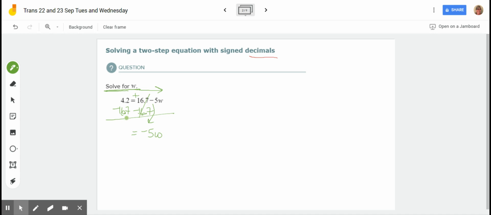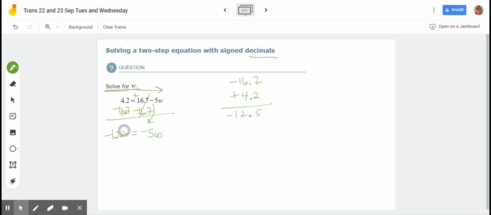Okay, and yes, look, the bottom number is bigger than the top. You cannot subtract them. You're going to need to come over here and do negative 16.7 plus 4.2, which means you subtract, because they're opposite signs. Negative 12.5. Don't forget, if this is a larger number, they're different signs. You subtract, keep the sign of the larger number.